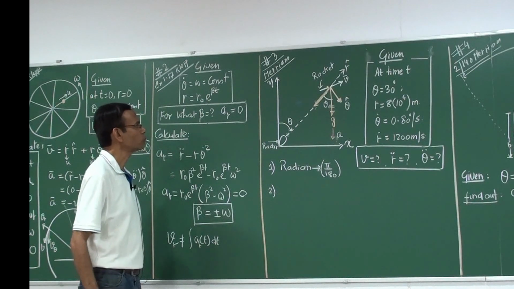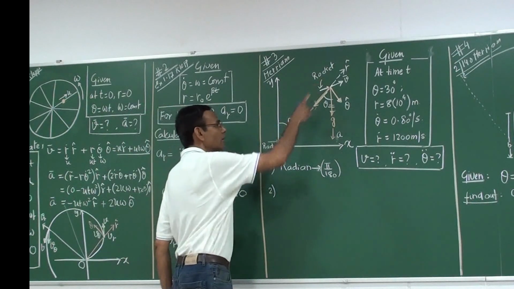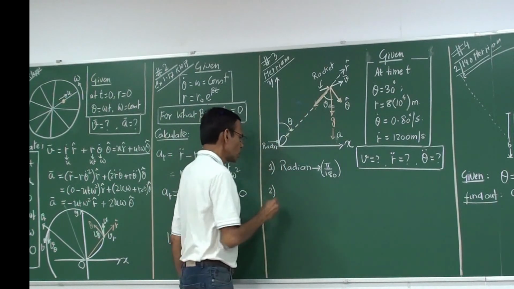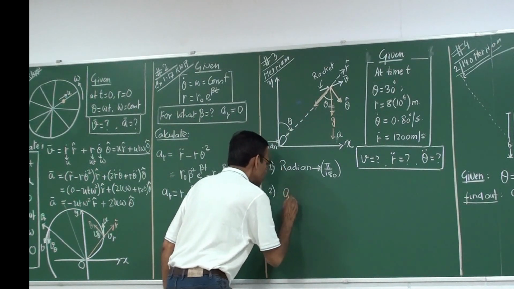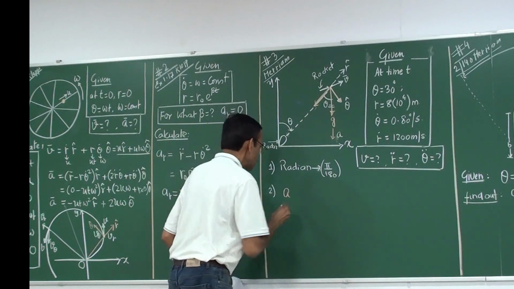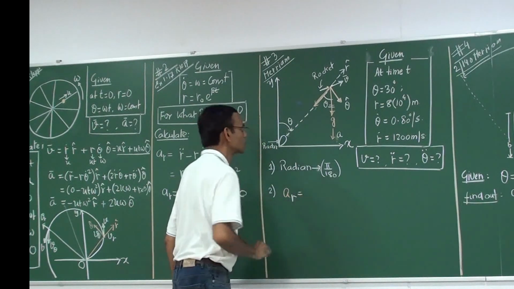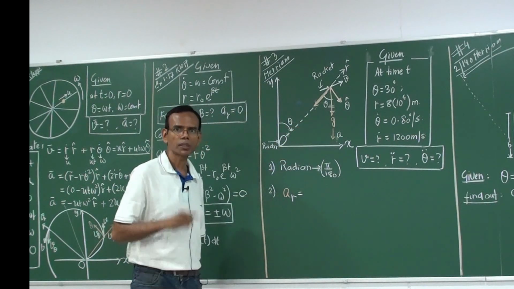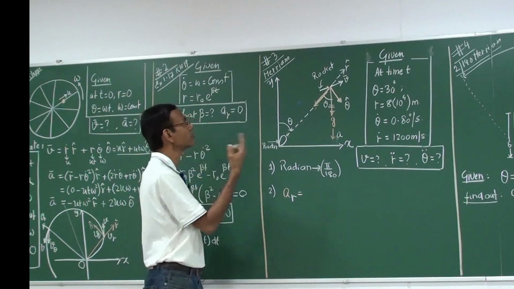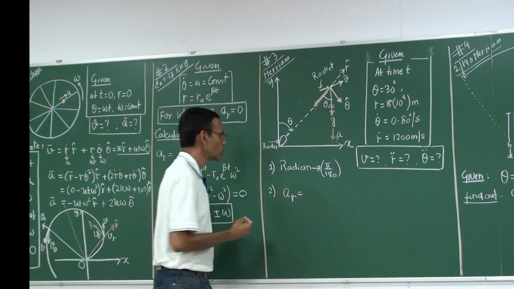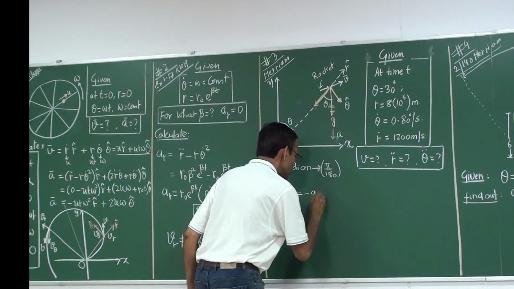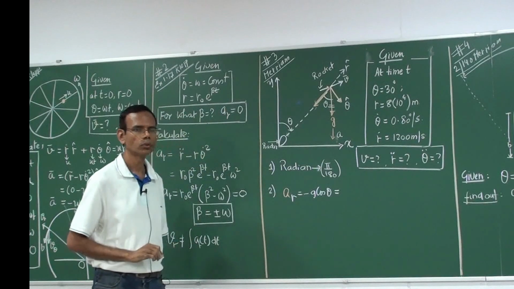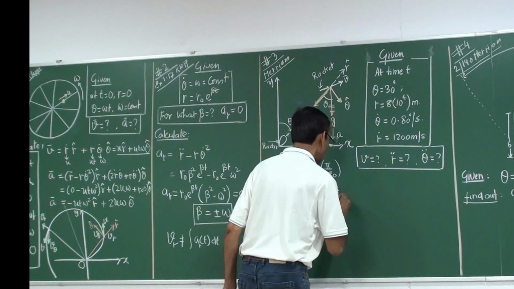So if I take that component, this is your AR. What is your AR? g cos theta. But g cos theta is in the negative r cap direction. So I must write minus g cos theta.